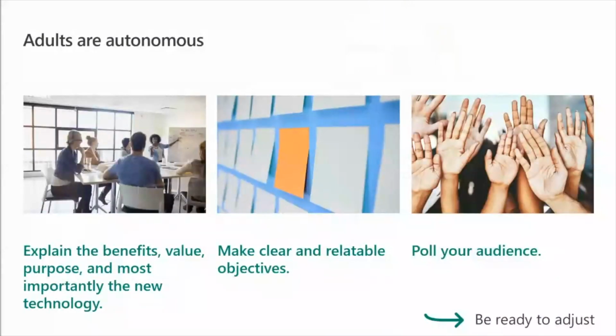The first one: adults are autonomous and self-directing, meaning that they live under a large degree of self-governance and to their own laws, beliefs, and values. They need to know the benefits, the values, and the purposes of a learning program, and they need to know why they are learning what they're learning.